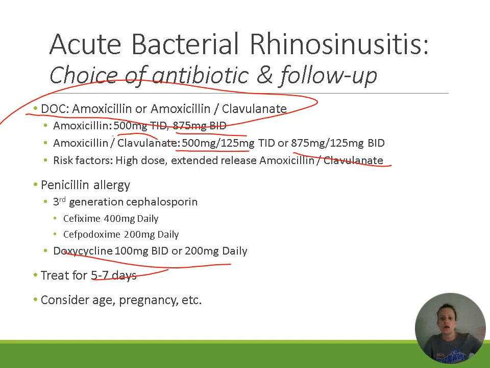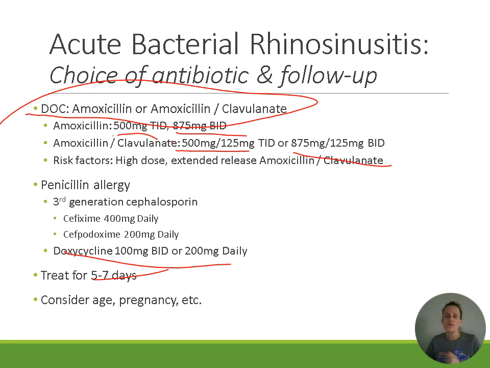If this isn't effective, then you would just use one of the other agents, like one that you didn't use. So you could move on to the high dose Augmentin, or you can move on to doxycycline. You can also move on to using a respiratory fluoroquinolone.